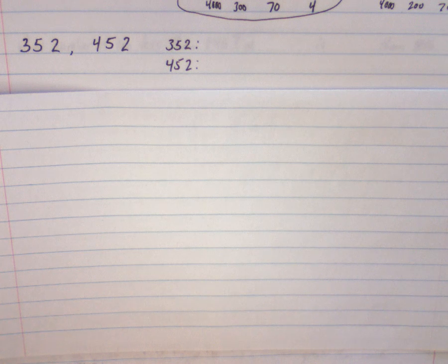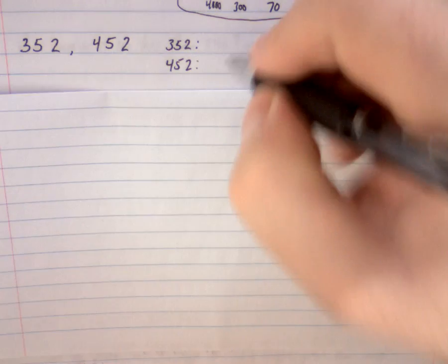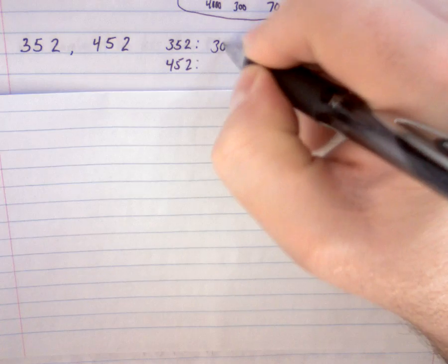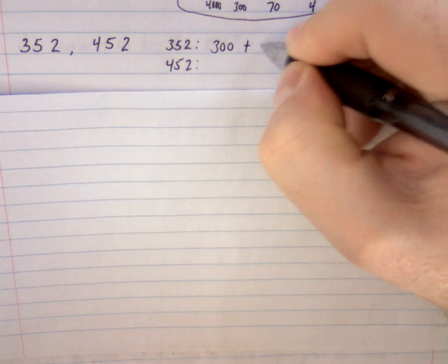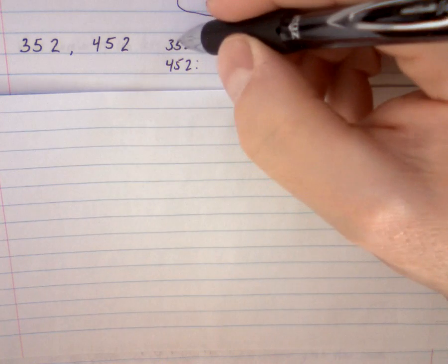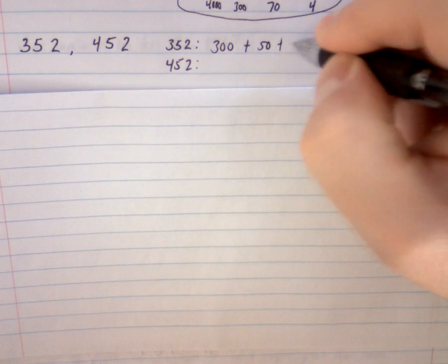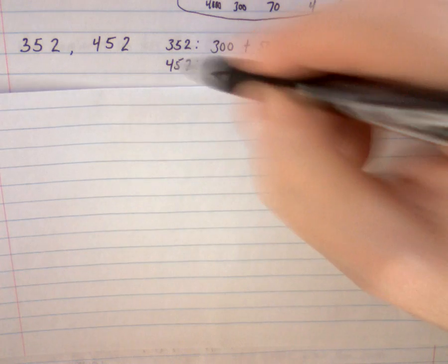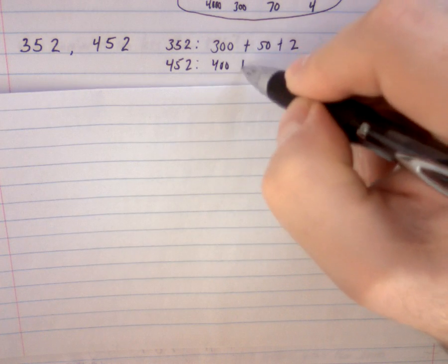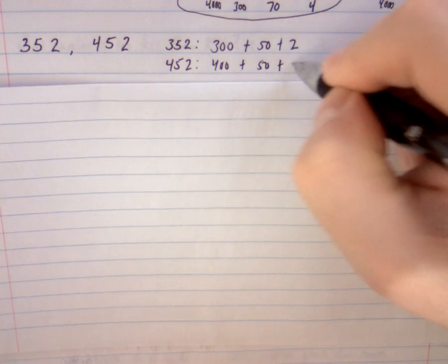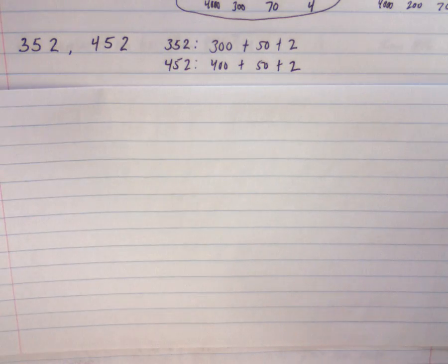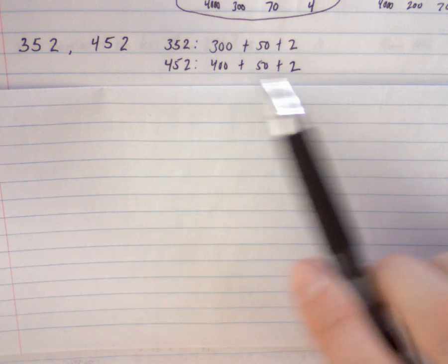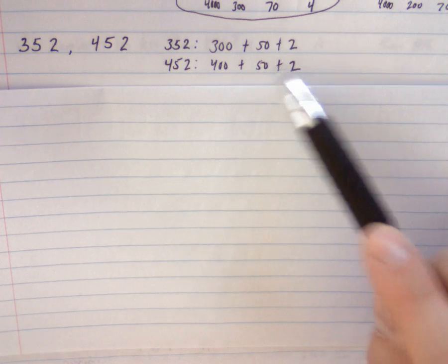We've been working with expanded form, writing addition equations. So let's expand it out. You have 300 plus 50 plus 2. And 400 plus 50 plus 2. Now we can clearly take a look. Ones, same.